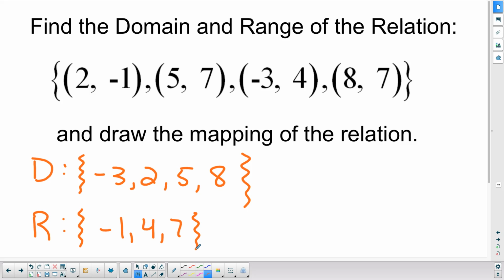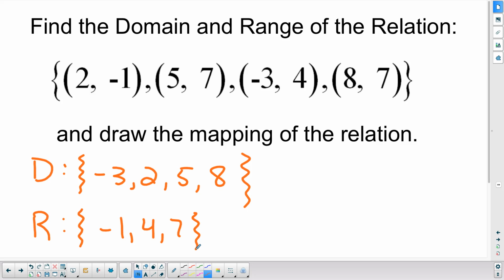Is that right or is that wrong? Right. Give you another chance. That's wrong. Yep, that's wrong. Because the 7 is repeated. Okay? We don't repeat them. Okay? We could write it as -1, 7, 4, but we just wouldn't repeat that 7 then at the end. Okay? So I don't care what order those 3 numbers are in, but I only want 3 numbers there. I don't want the second 7, is what I'm saying.